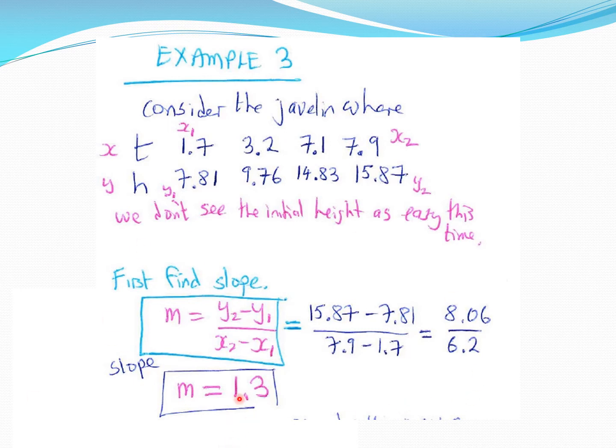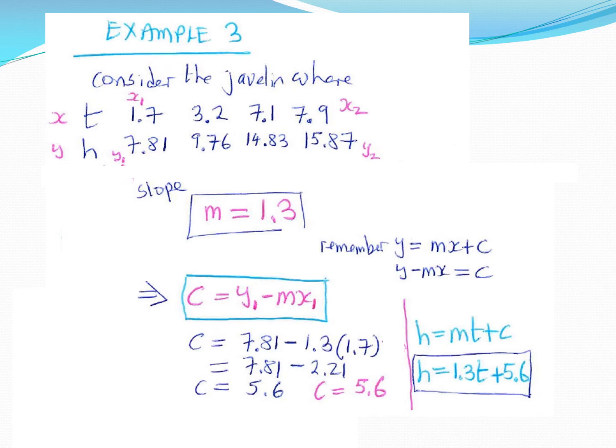Now, in the previous example, we knew what the initial height was because we were given the time 0, we had the height. But here we have to do something a wee bit different. Do you remember we're working towards this school formula here? y equals mx plus c. Now, if we take mx away from both sides, we can say that y minus mx is equal to c. So suddenly we've got a formula that works for c.